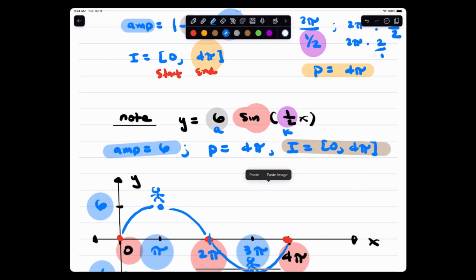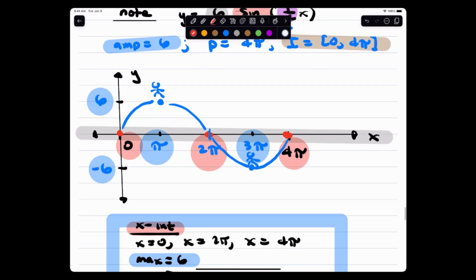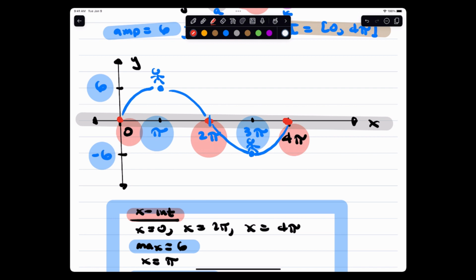So here's what I'm saying to you guys. This is the positive graph being reflected about the x-axis. If I put a mirror down here and I reflect that blue curve about the x-axis, what do you guys think I get? Anybody know?